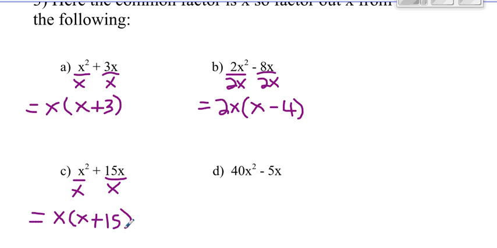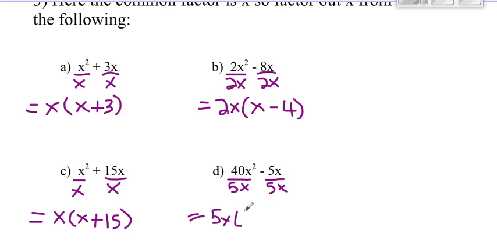Both terms are divisible by 5. And both terms have an x in them. So again, my common factor here for both is 5x. So I take out my 5x, put it out front of my bracket, and 40 divided by 5 is 8.